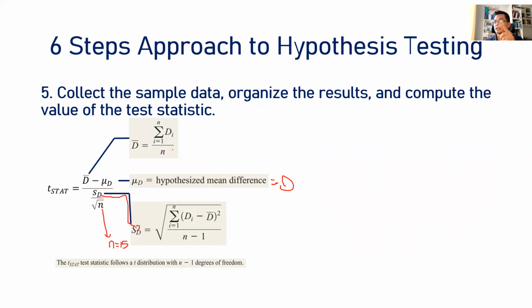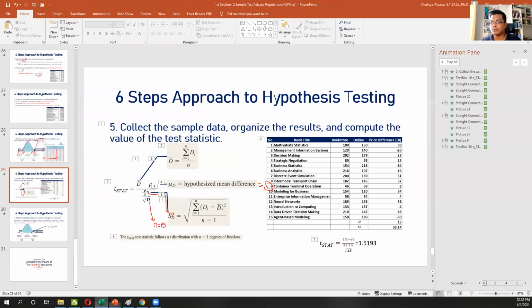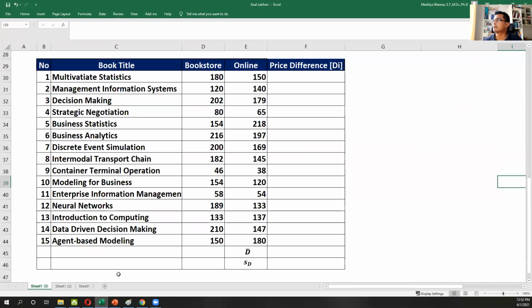Now let's see how we can calculate the d bar, the average value of the difference. It's really easy. So I will go to my Excel sheet here. Remember that we want to focus on the difference between sample 1 and sample 2.